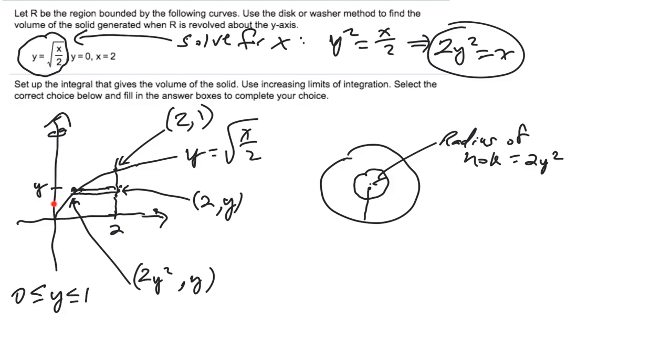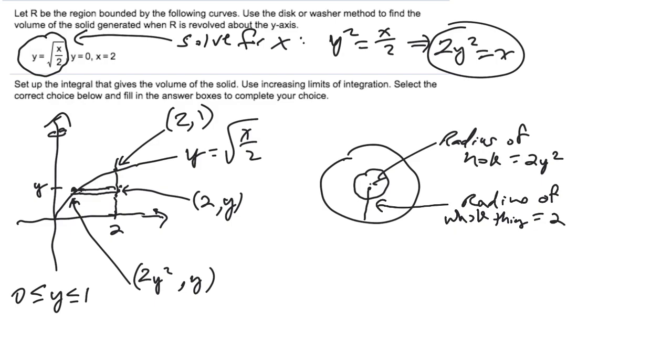No matter where we draw the y, the center will be at (0, y) and the outermost edge will be at (2, y). So strangely enough, the radius of the whole thing is just 2. And that's all we need to know to find the area of a washer.